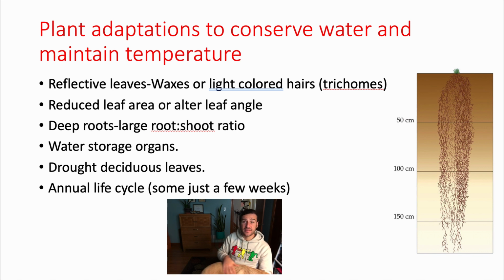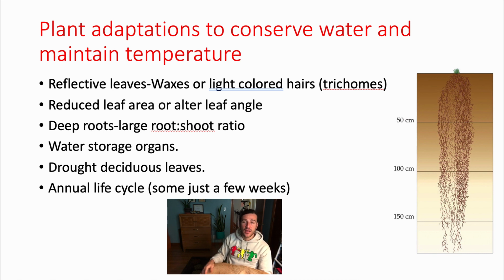We're going to get to that in a little bit, but these plants don't actually want to absorb all that incoming solar radiation. Like I mentioned, reducing the leaf area or leaf angle, so leaves that are oriented straight up, are going to receive less sunlight during the most demanding parts of the day.